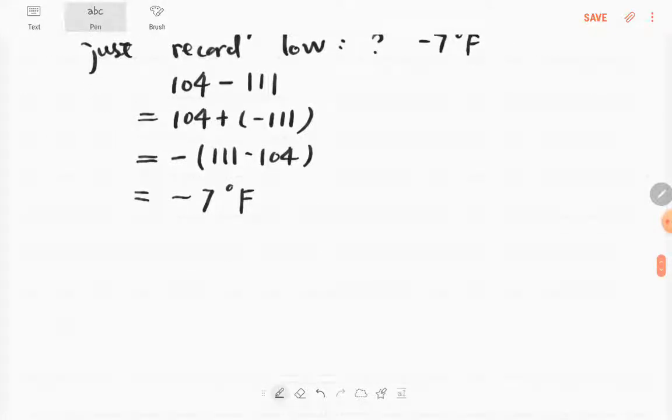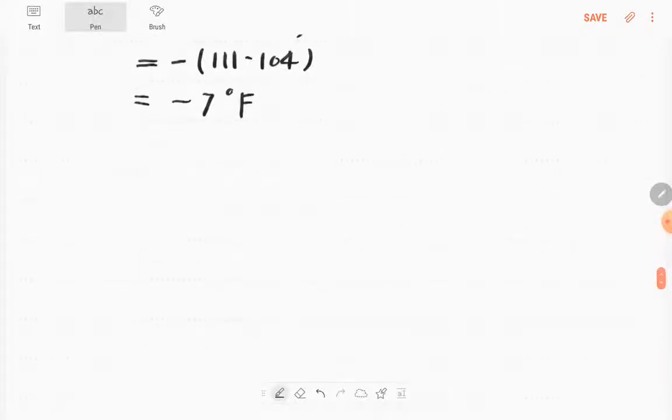Okay, we can talk about another example of this kind of application problem. So if we say a company has the quarterly net income.